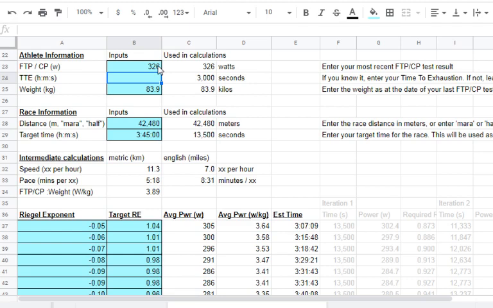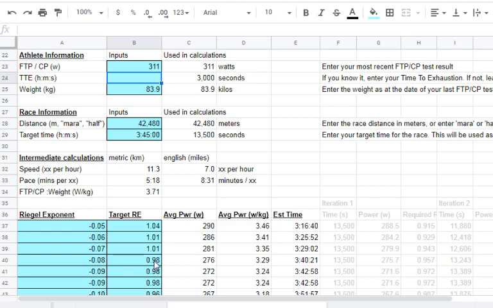So the bottom line, though, is you have a tool to answer that question. Am I capable of doing XYZ in a marathon or XYZ in a half marathon? All you need is a little basic information about where you're at now, what you've done recently, and then you can start playing and come up with those percentages. So again, this runner was 3:11 when they actually ran 3:40.15, and we know this is their Riegel exponent minus 0.08.